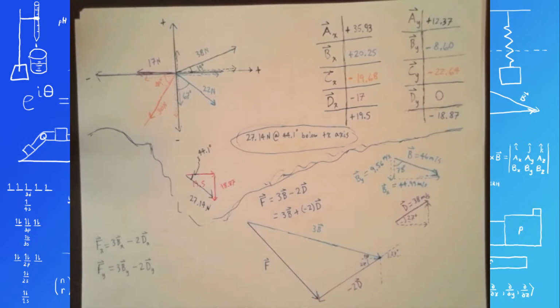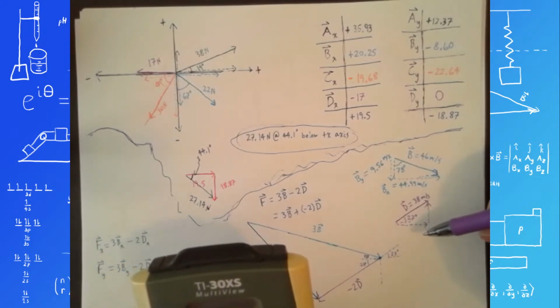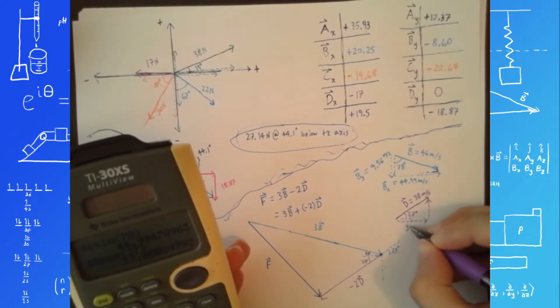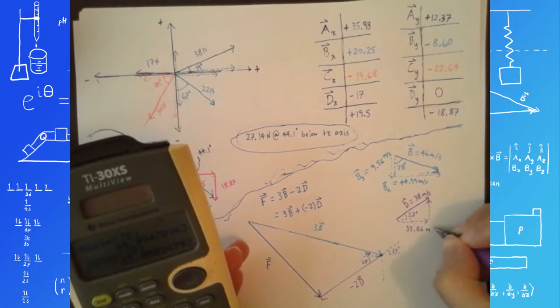For vector d, the side touching 27, so 38 cosine of 27 degrees is 33.858, so I'll round that to 33.86 meters per second.